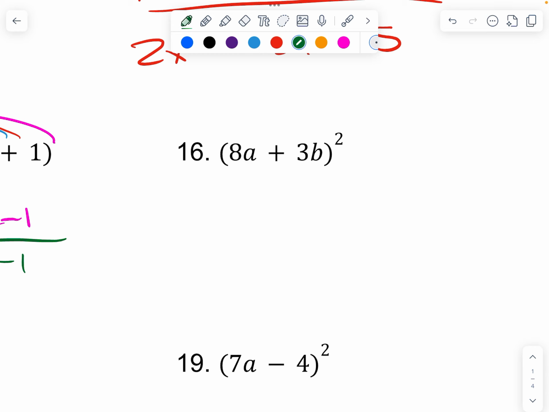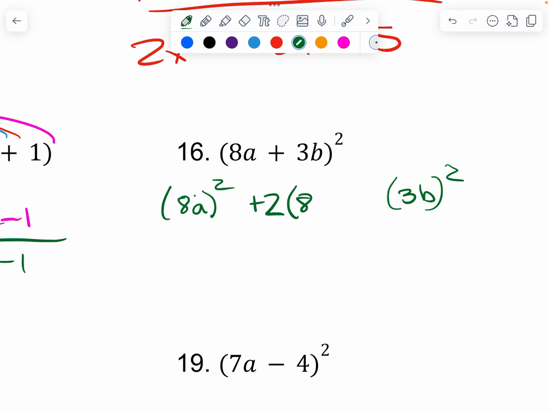This one, I square the first one, square the last one, and in the middle I take 2 times 8a times 3b. So I get 64a squared, plus this is going to be 24, so that's 48ab plus 9b squared.